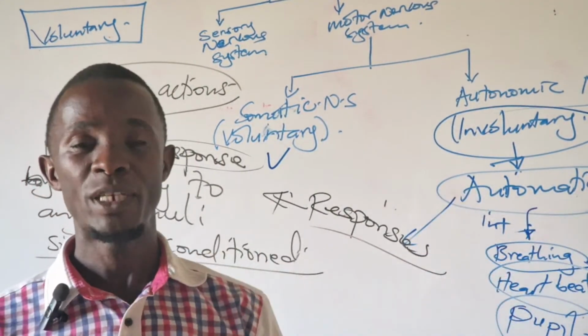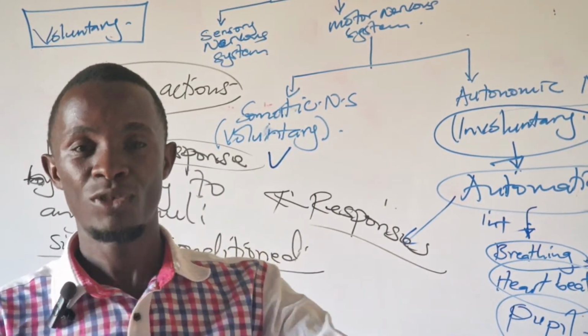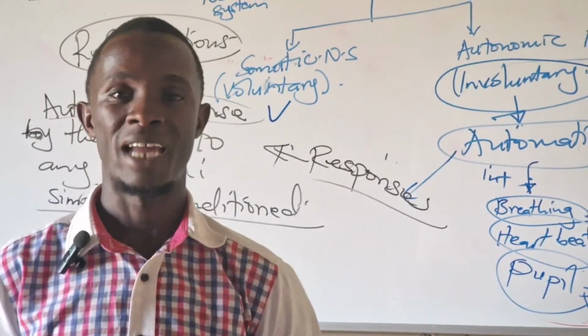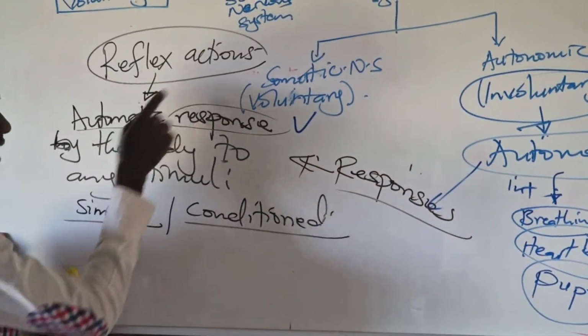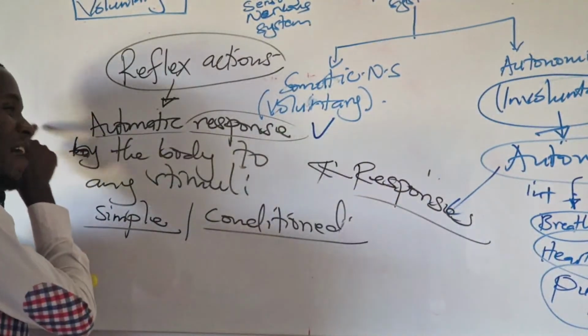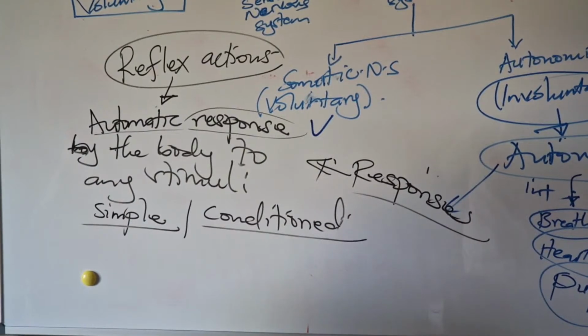It is very rapid. By the time you get to know that you had touched a hot pan, the hand will already be off from that hot pan. So the simple reflexes are automatic, like conditioned ones, but they are very rapid. They occur quickly.